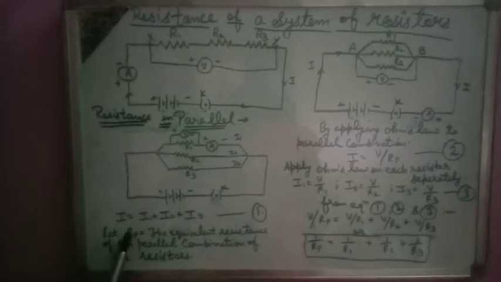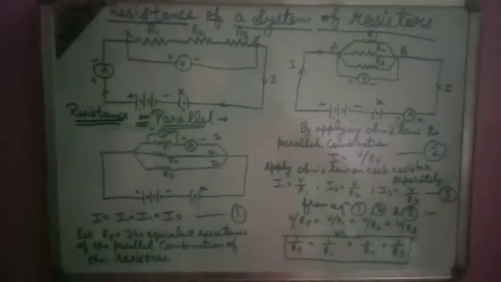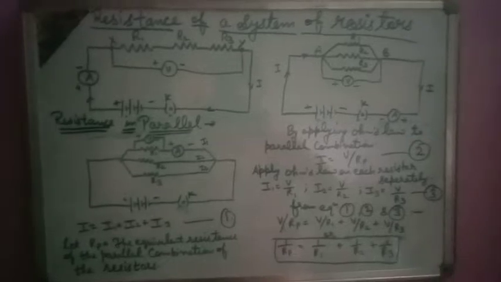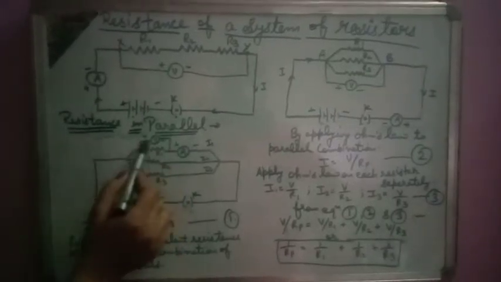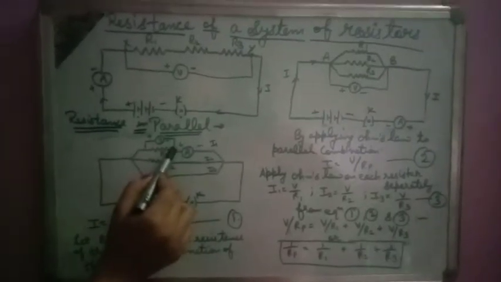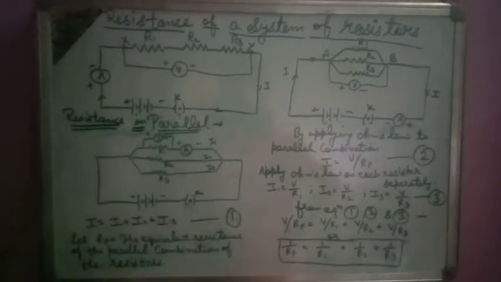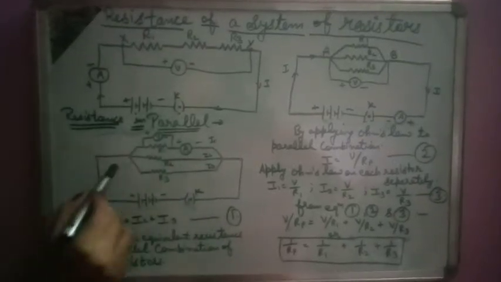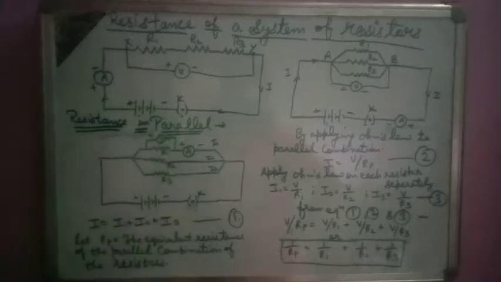Let RP, resistance in parallel, be the equivalent resistance of the parallel combination of the resistors. These three resistors are connected in parallel, and instead of all these three resistors, I will connect a new resistor whose resistance is equivalent to the combination.